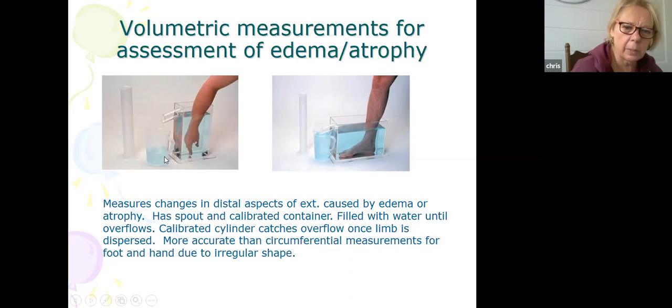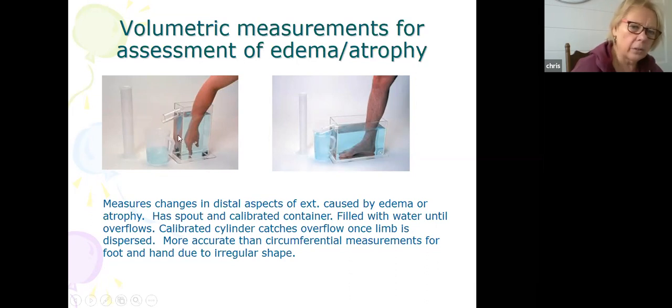And you look at the measurement. Then you would place their right hand. Remember, we said it was the left hand we were doing first. Now they'll place the right hand. We'll have to fill it up again, do the same thing again, have them put their hand in, and then have them insert their hand slowly into the water and wait until all this water comes out of this spouted cylinder, and it'll give us a reading.